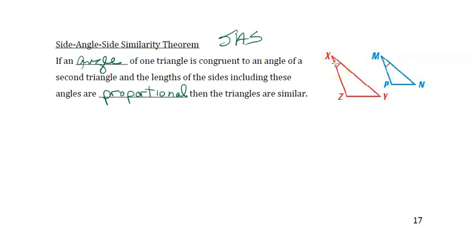So then what I need to have is that XZ over MP equals XY over MN. If I can show that, then I can prove that these two triangles are similar by the side, angle, side theorem.